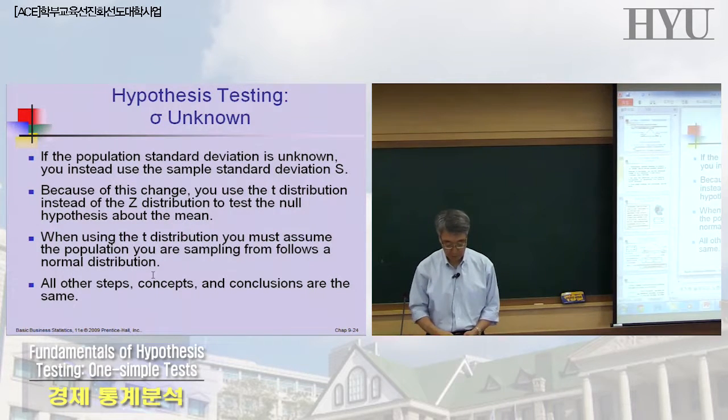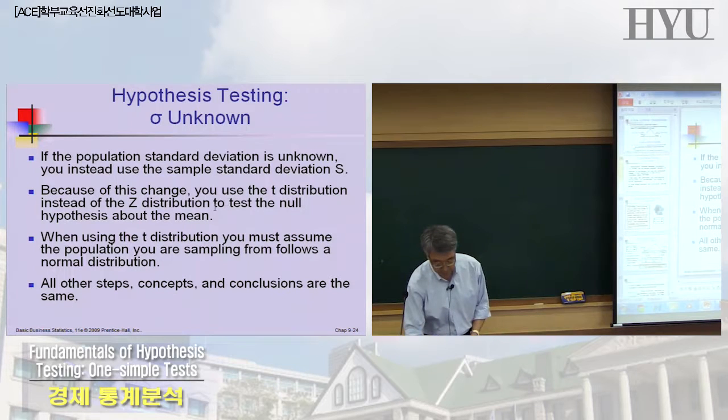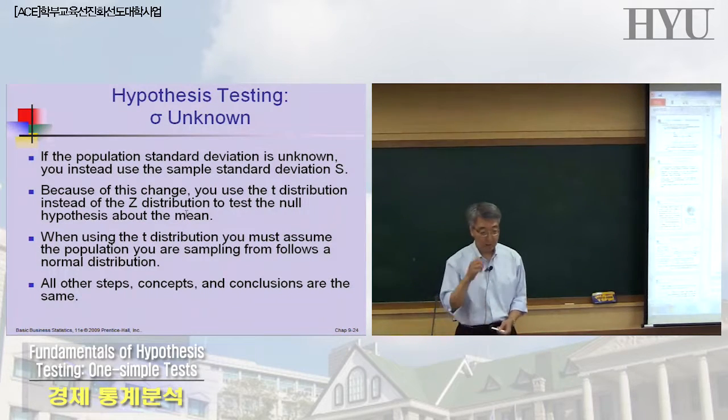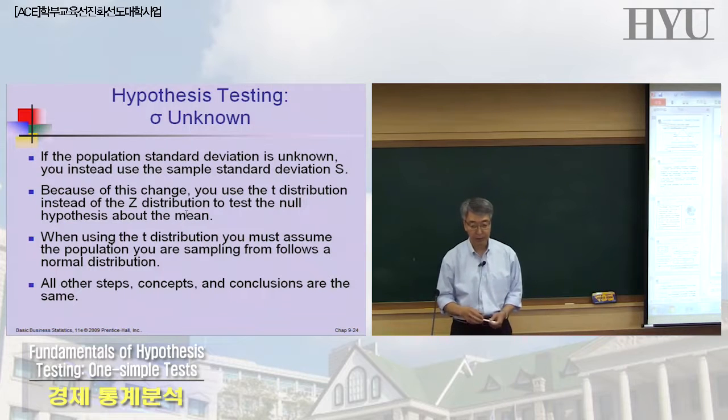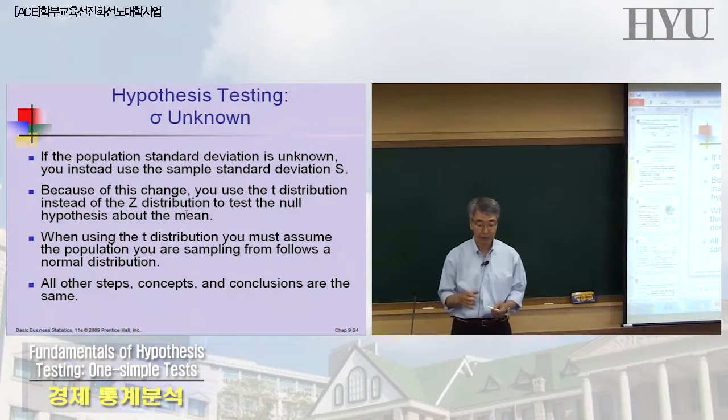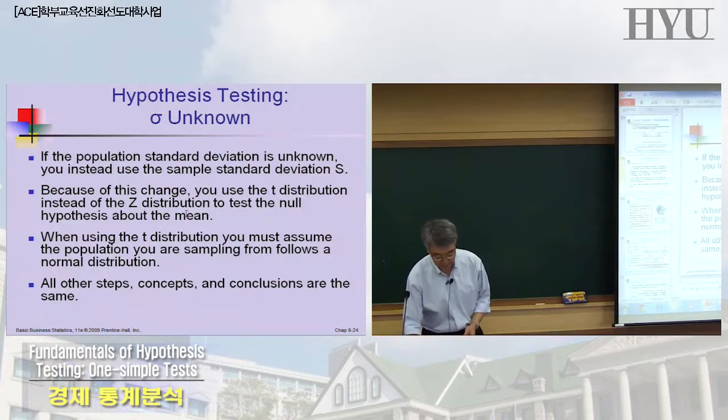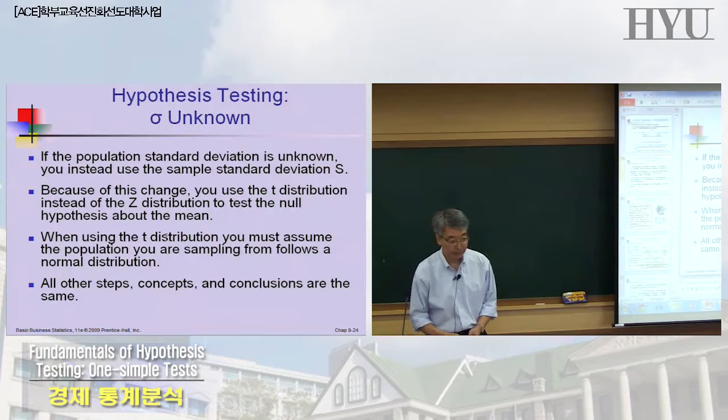There are a few things you have to understand. We can use the sample standard deviation S for sigma if sigma is unknown. But because of this change, we have to use the t-distribution instead of the z-distribution. Remember, the t-distribution is a little bit wider, which means we allow a little more variation, and it also depends on degrees of freedom, basically the sample size.